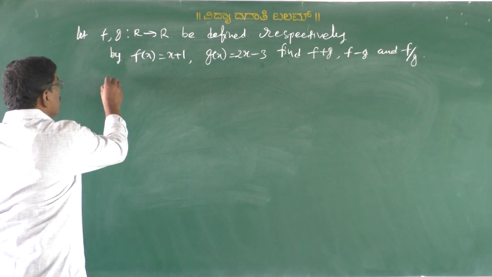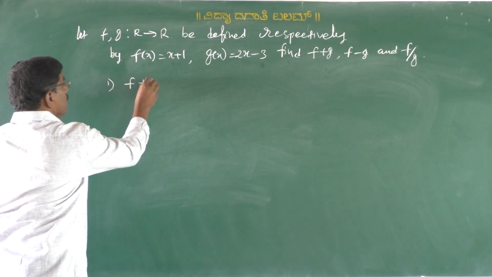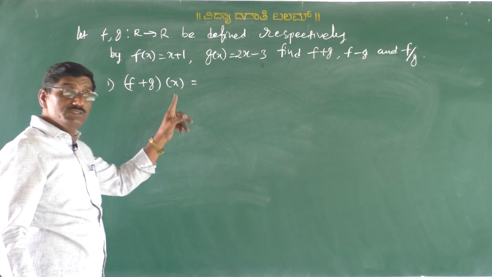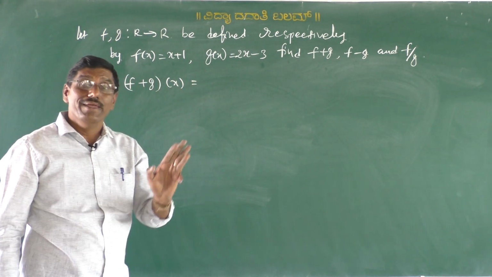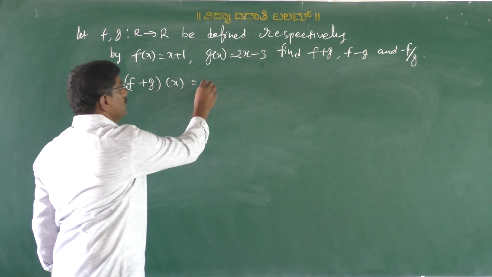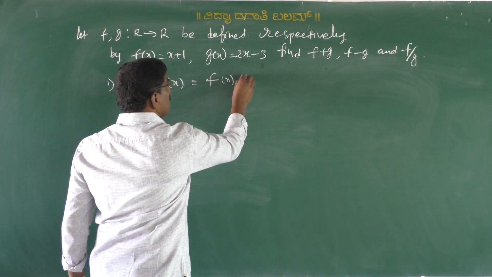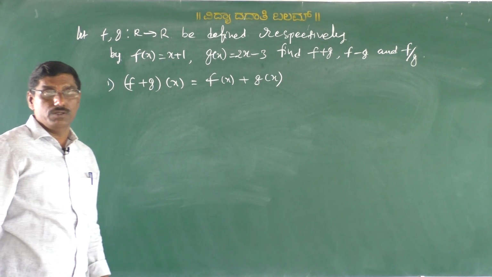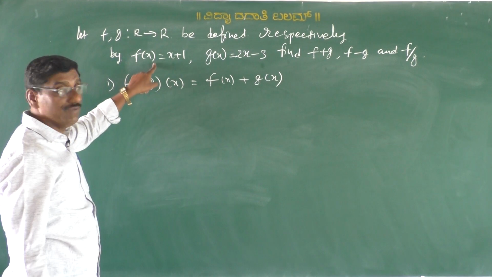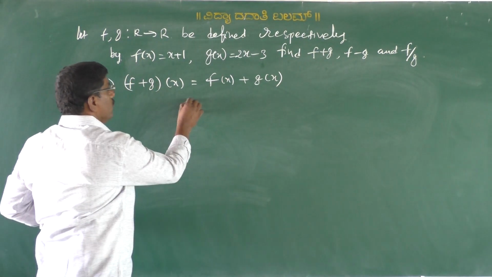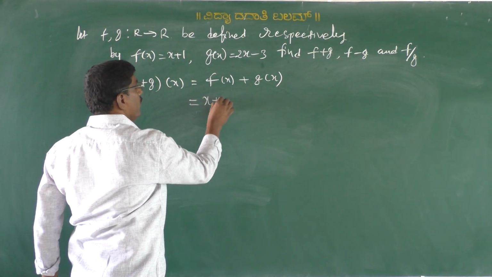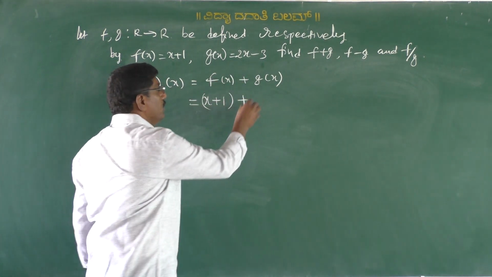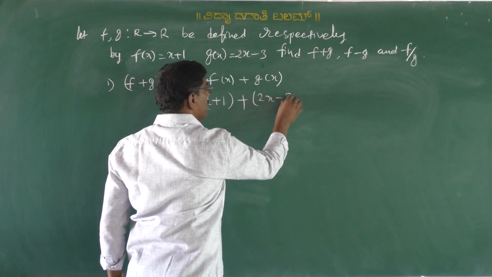The first one, f plus g of x. We know, my dear students, f plus g of x can be expressed as f of x plus g of x, isn't it? f of x is the given function, which is equal to x plus 1, plus g of x, that is 2x minus 3.